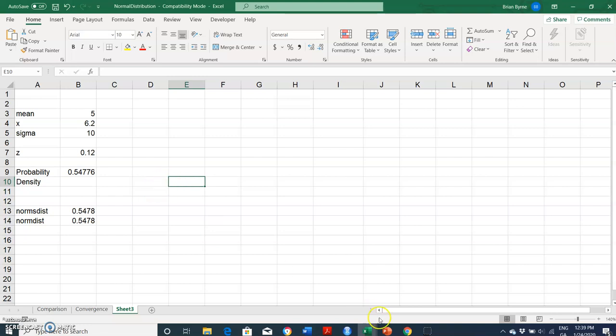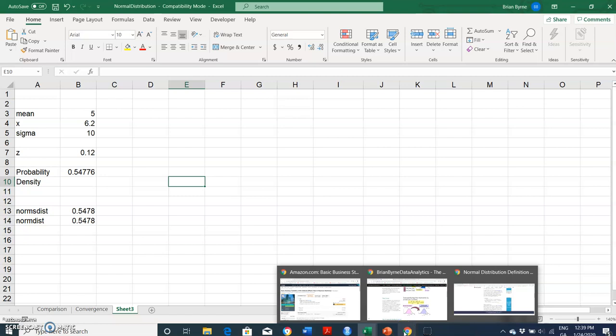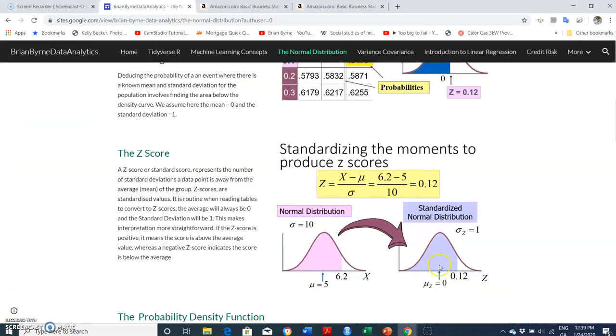Again, if we go back into our distribution here for a moment, right? The area under the curve, so this is exaggerated. The areas here that are shaded in are exaggerated, but the area under the curve here is 0.5478. Also of interest here is perhaps how do we recreate the distribution here?